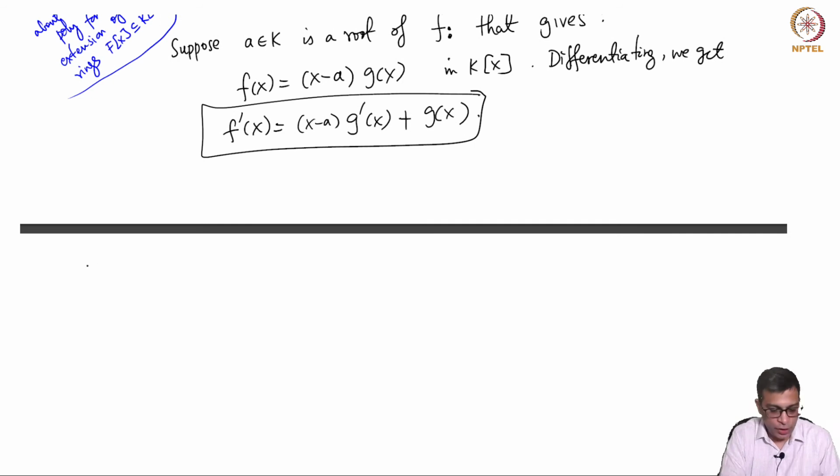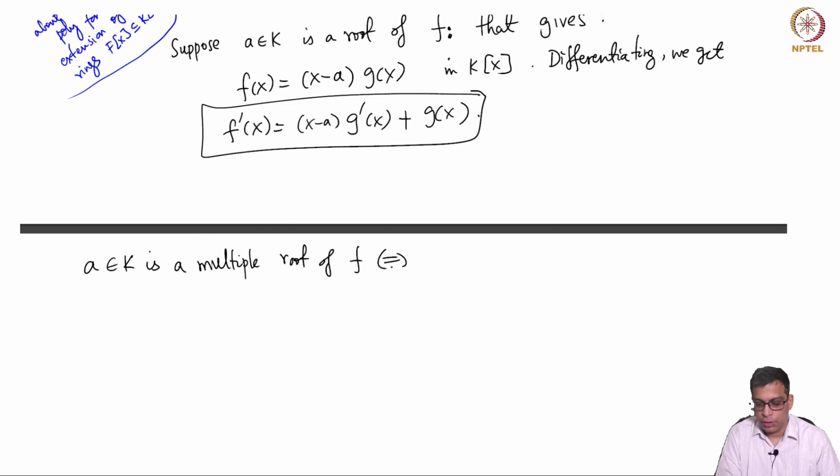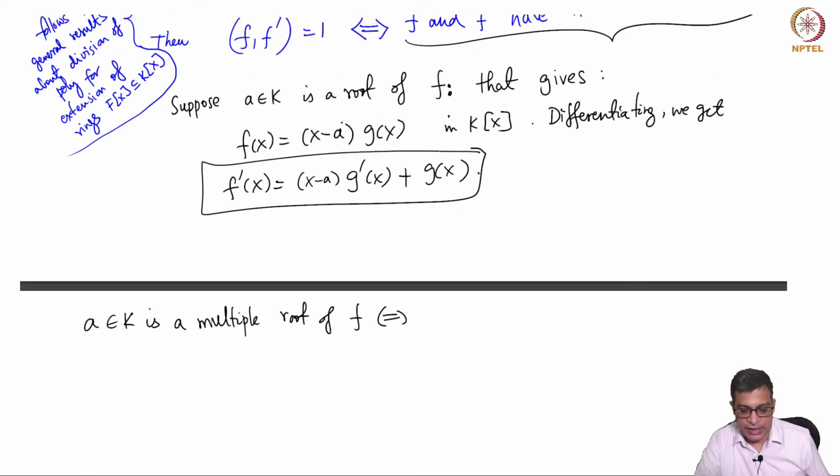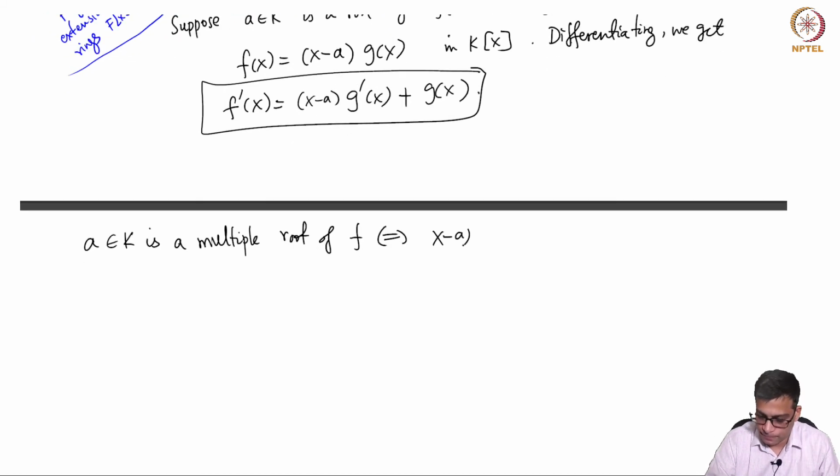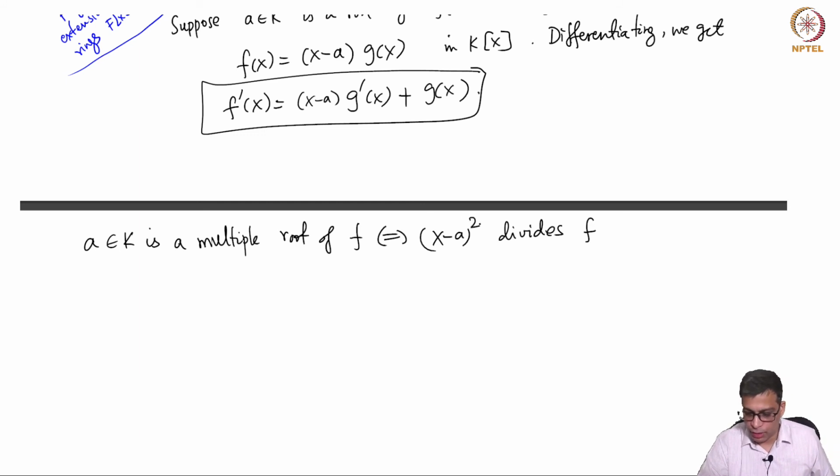Now I claim that a in K is a multiple root of f. What is the meaning of multiple root? It means (x minus a) squared divides f, because a root must appear at least twice in its factorization in a splitting field.